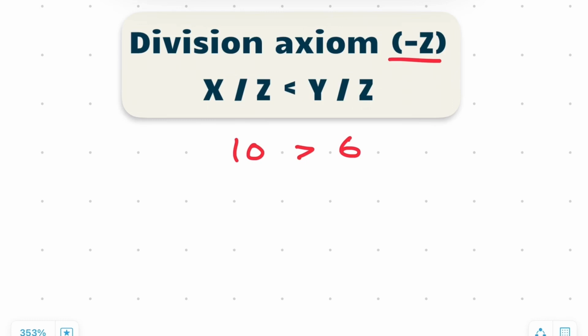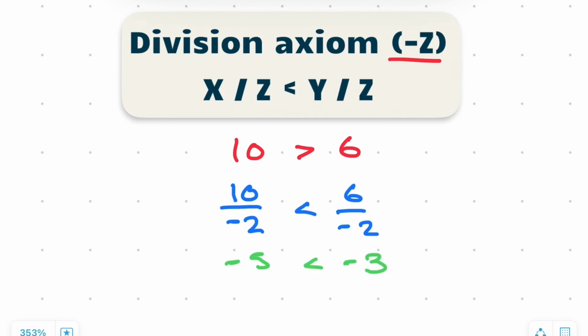Let's say that that number is negative 2. So is 10 divided by negative 2 less than 6 divided by negative 2? Well, yeah. 10 divided by negative 2 is negative 5, and 6 divided by negative 2 is negative 3. So therefore, we can clearly see why the division axiom holds true.